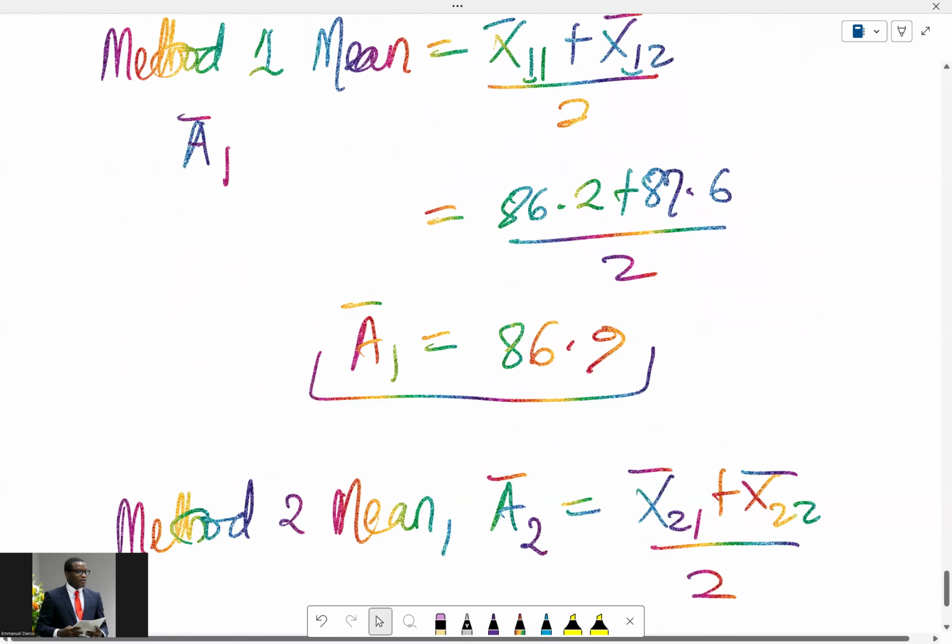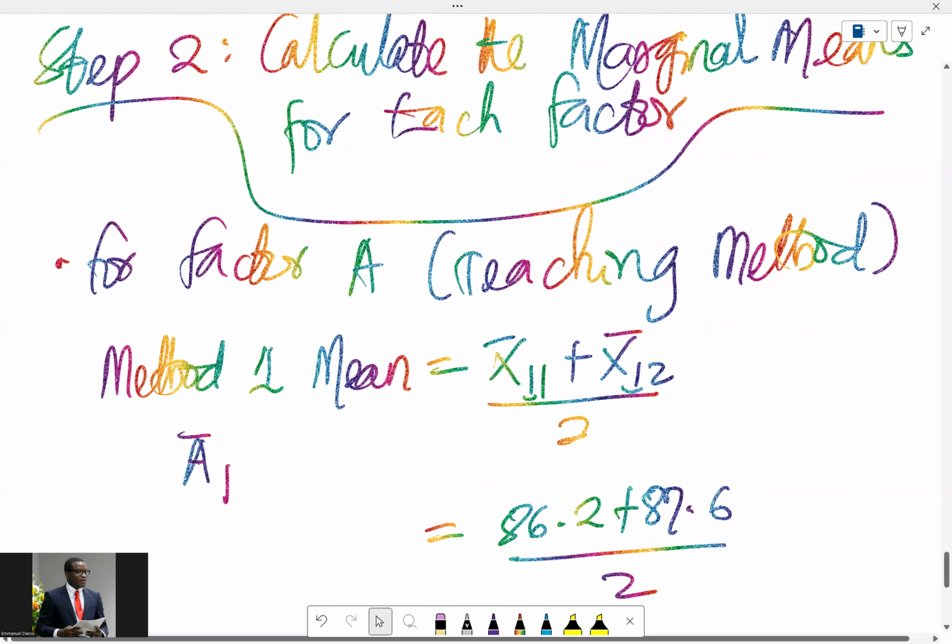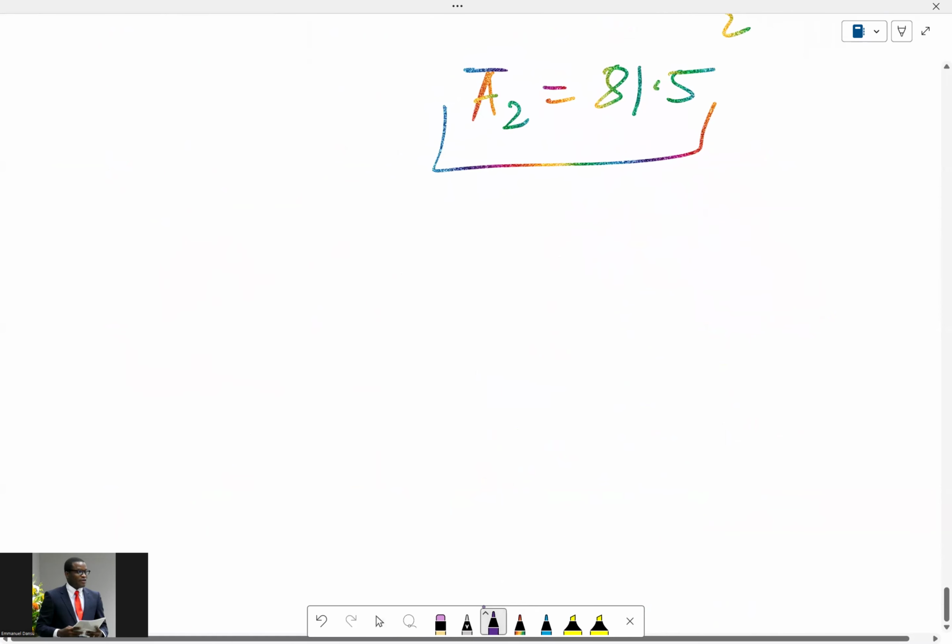So let's go for factor B, which is class type.